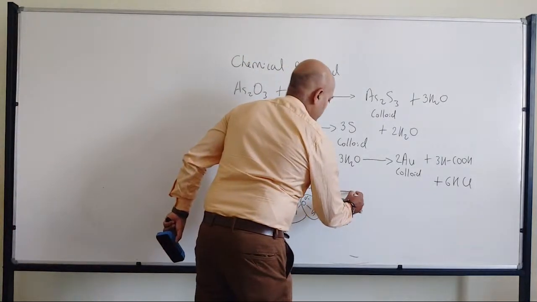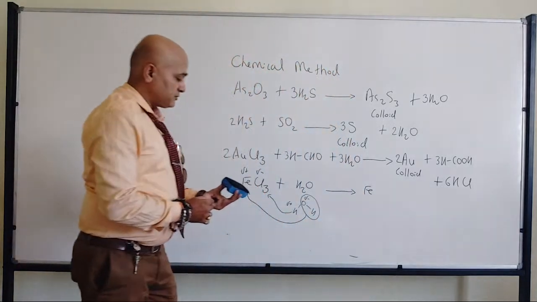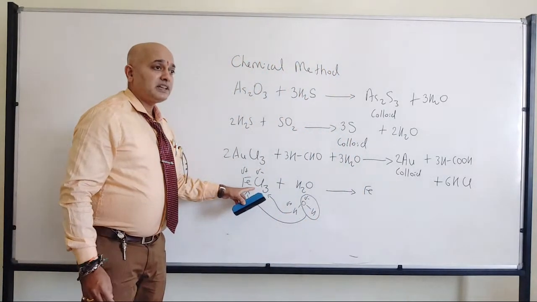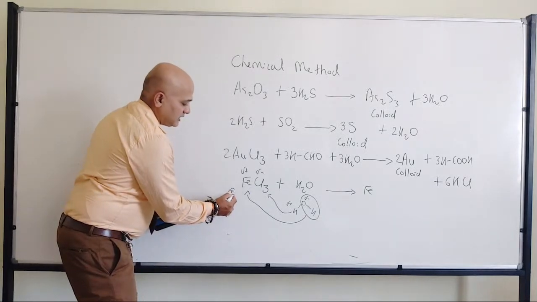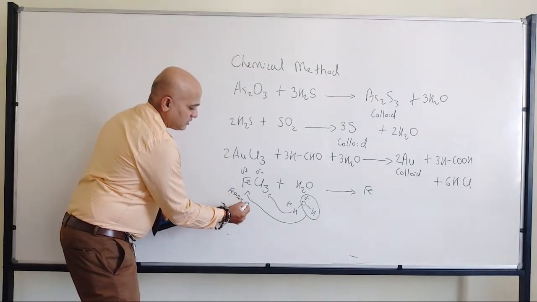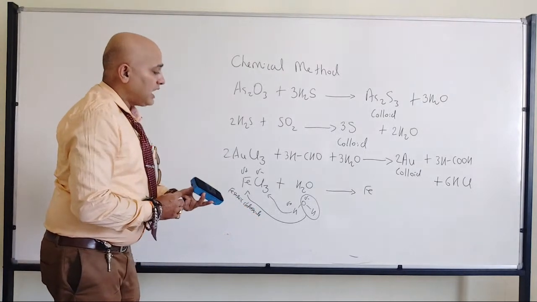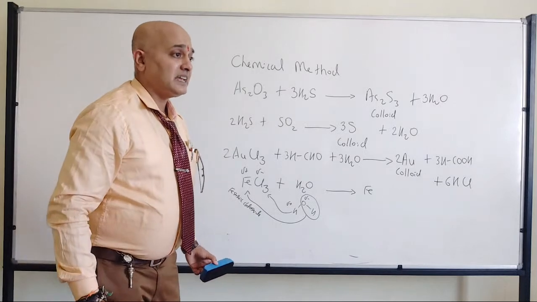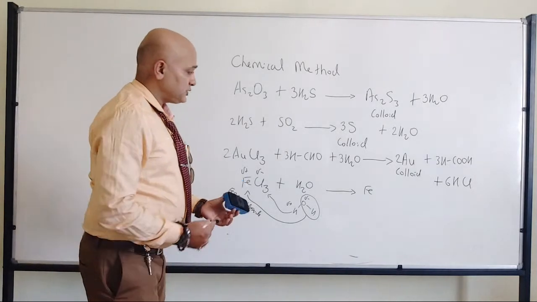So what will be the product? The product will be Fe. Whatever I have written is ferric chloride, right? Where iron will be in +3 oxidation state.